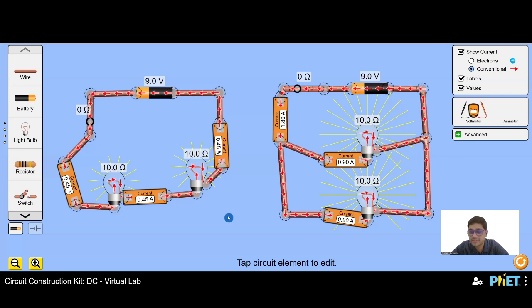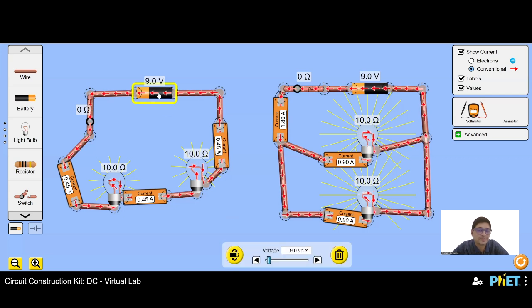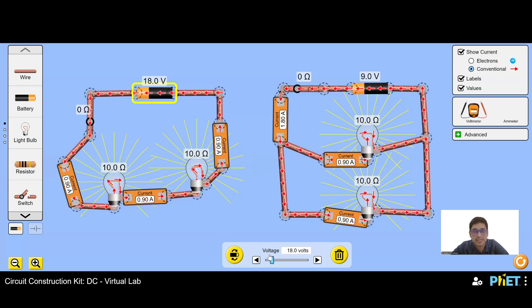Now let's explore this. You can ask me, can I increase the intensity by increasing the voltage? Yes, of course you can. That doesn't mean you can say the intensity of the light bulbs connected in series and parallel are the same just because you see them with equal brightness or equal intensity. 18 volts.